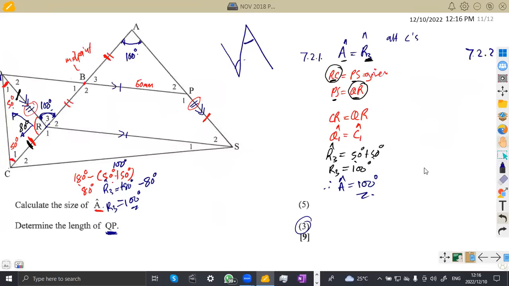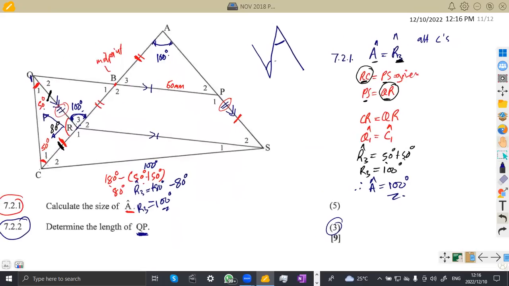But can we find RS? There is a 60 millimeters here, and it has something to do with RS. What concept is that? Remember, we are told that B is the midpoint. So if B is the midpoint, that line is drawn and we've got parallel lines here.